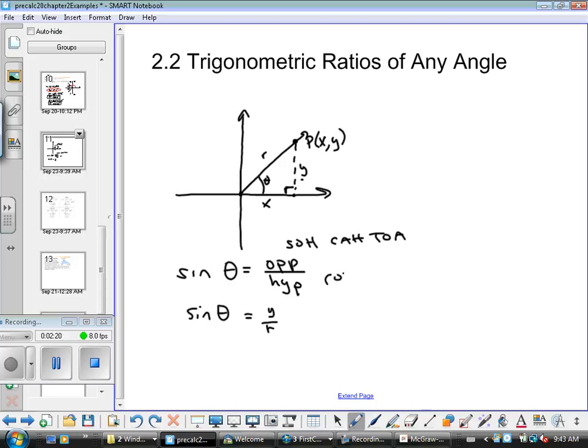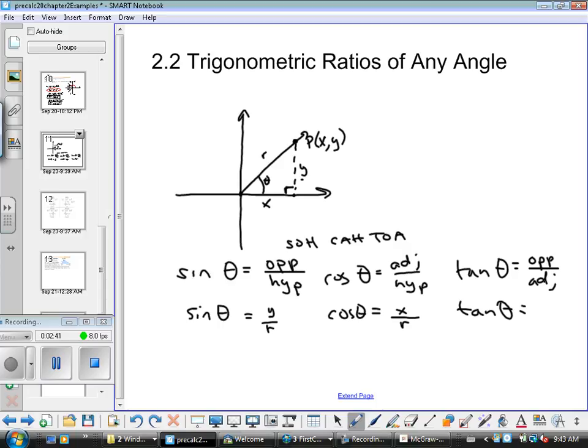Cos equals the adjacent over the hypotenuse, so that's going to be x over r, and tan, we know, is the opposite over the adjacent, and so tan is going to be y over x.